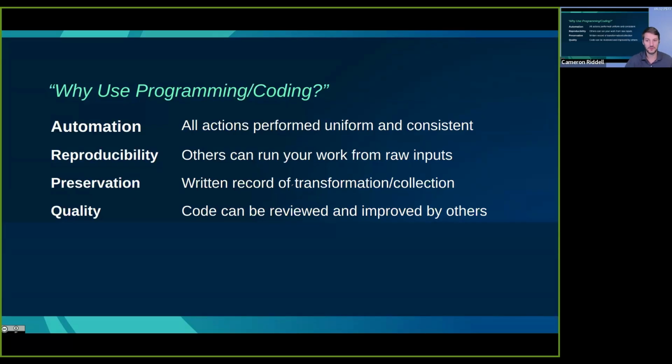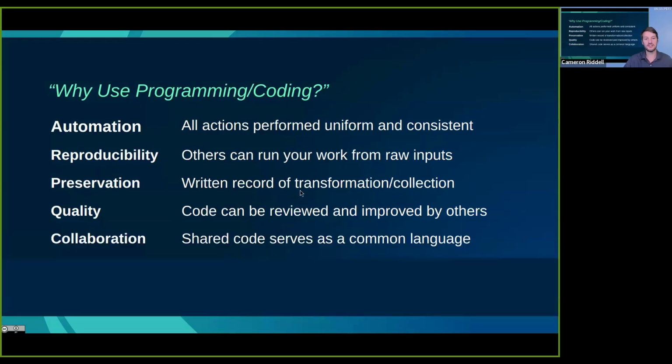Quality. Code can be reviewed and improved by others, as was pointed out in the chat as well. It can be forked, it can be improved or adapted for new studies. Collaboration. Code serves as a common language. And I say this now in my life when I do a little bit of programming consulting work, especially with academics, even though I am not a subject matter expert in the field of, we'll say, physics.